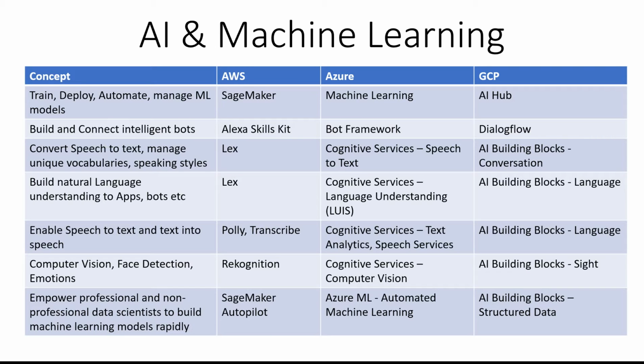And next is empowering data scientists to build machine learning models more rapidly. It is not possible for smaller organizations, or those with very small budgets on the IT side, to have a data scientist or a pool of data scientists. So this space is to reduce the involvement of data scientists for smaller use cases, and to empower them to quickly build models.